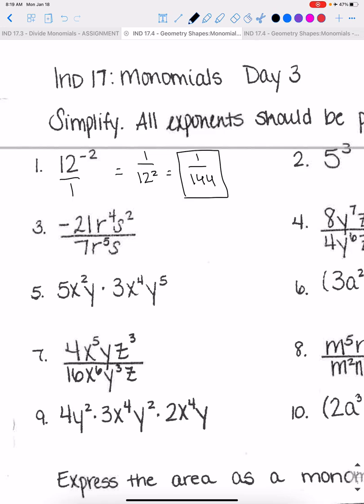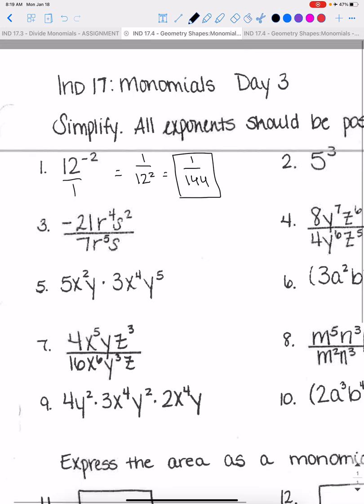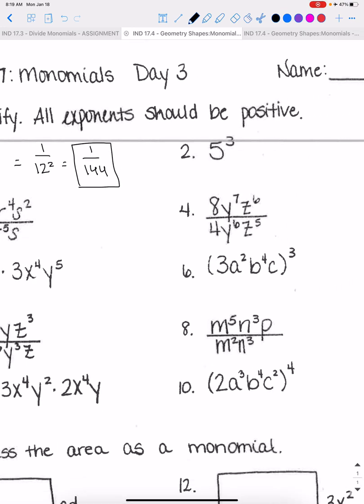Again, you have to flip it to get rid of the negative on the exponent. Here there is no negative exponent, so really just 5 cubed is 5 times 5 is 25, times 5 is 125, I believe.